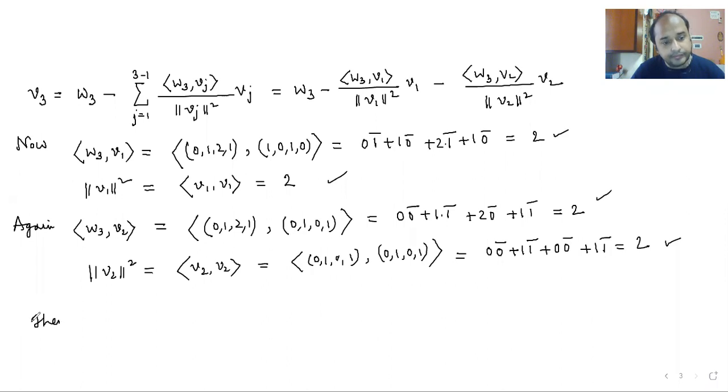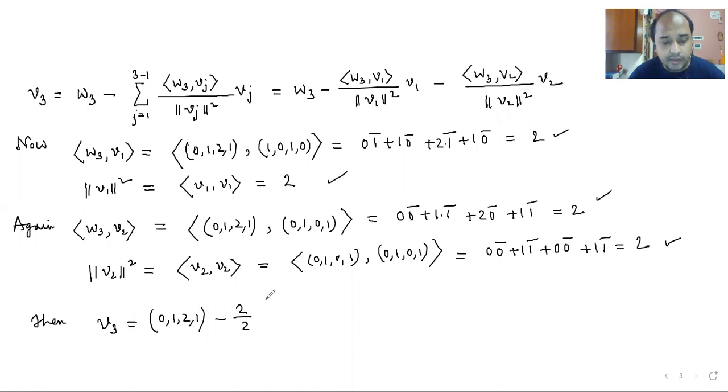Then your V3 becomes, consider the vector W3. W3 is 0, 1, 2, 1. What is the inner product of W3 and V1? It is 2. What is norm V1 square? It is also 2. So we write 2 by 2.